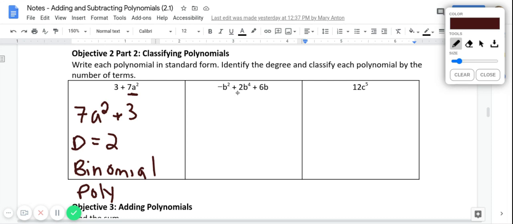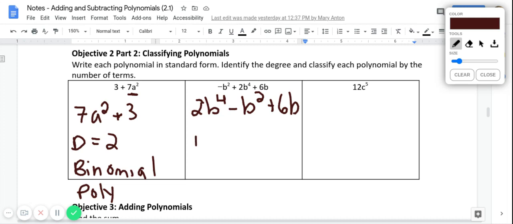Okay, how about this guy? All these, the second ones. Our highest exponent term will be this 2b to the 4th power, because b is our variable, plus, our second highest degree term will be that b squared term, and don't forget the minus with it. It's minus b squared, and our last term would be plus 6b.